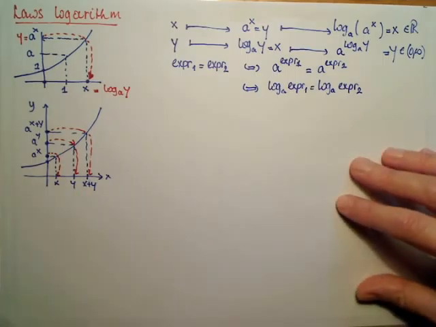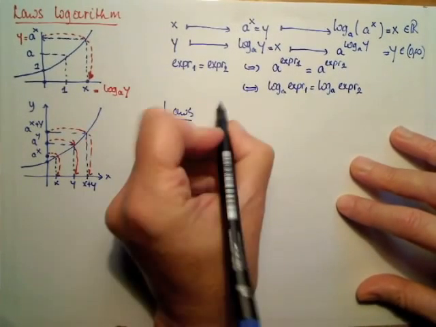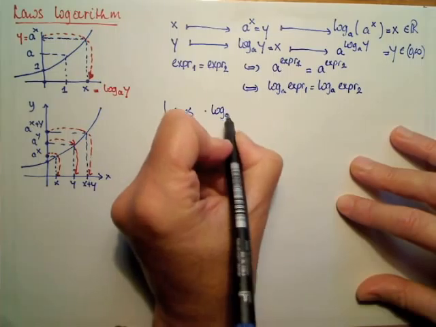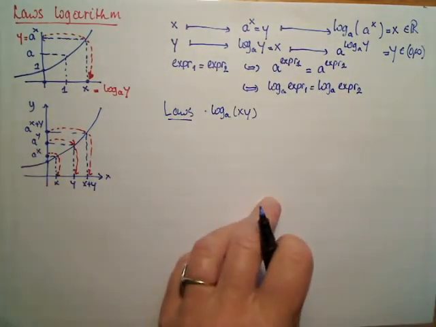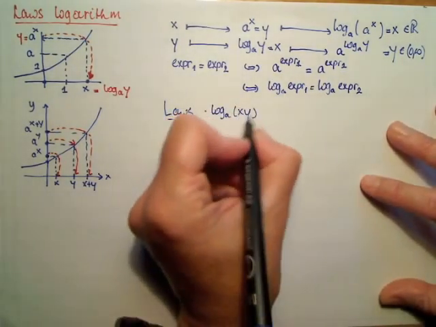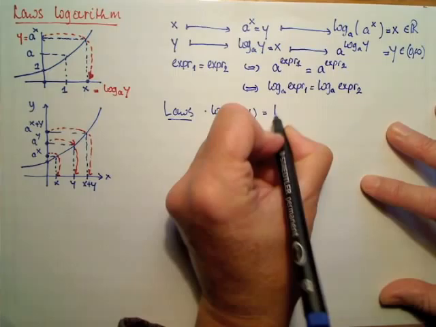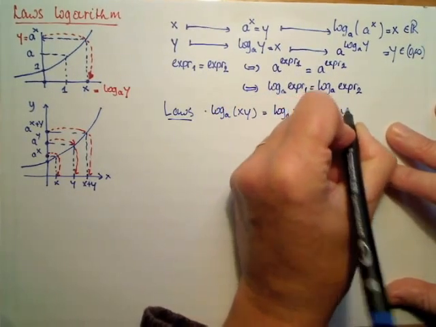So this gives us the first law. The logarithm of the product of two, now we, of course, reuse our variable names. So the logarithm of the product of two positive numbers is equal to the logarithm of the first plus the logarithm of the second.